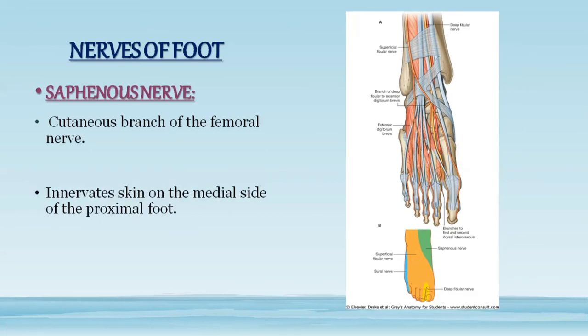Then the last is the saphenous nerve. This green colored is the saphenous nerve, which is the cutaneous branch of the femoral nerve. Now this saphenous nerve innervates the skin on the medial side of the proximal foot. This whole is the medial side of the foot, but only the proximal part of the medial side is supplied by the saphenous nerve, because the lower part of the medial side again is supplied by the superficial fibular nerve.